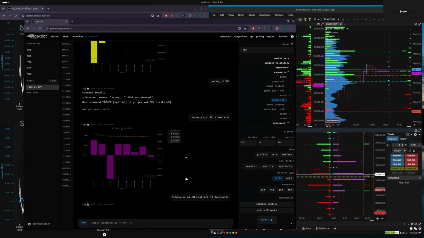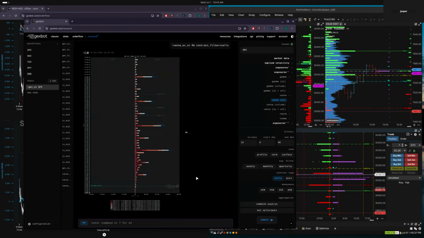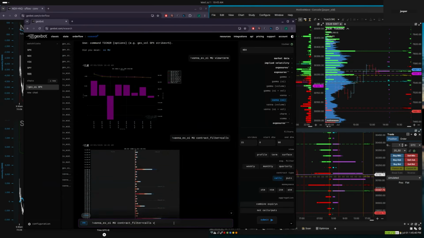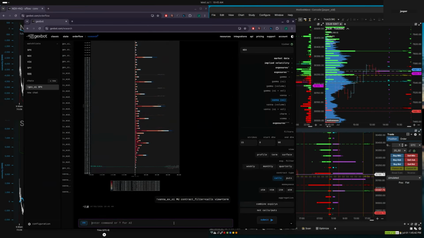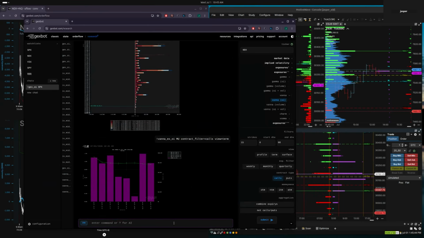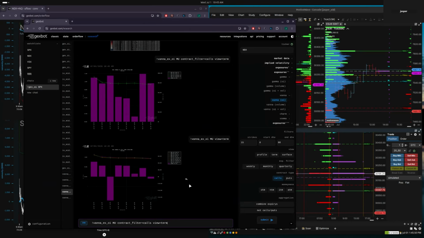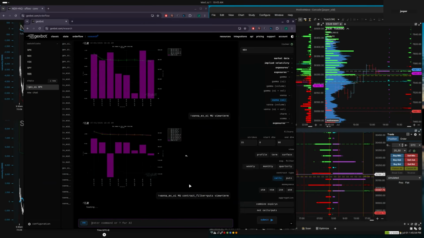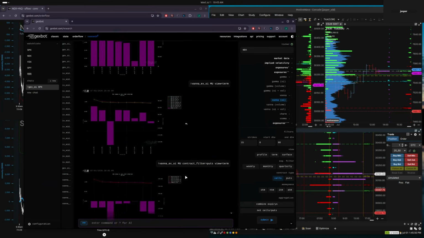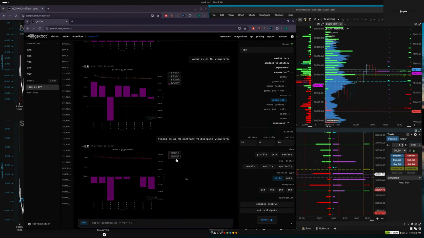Hold on, I'm adding the extra filters just to see. Interesting. And then the other one would be puts. So what I'm doing is I'm decomposing.